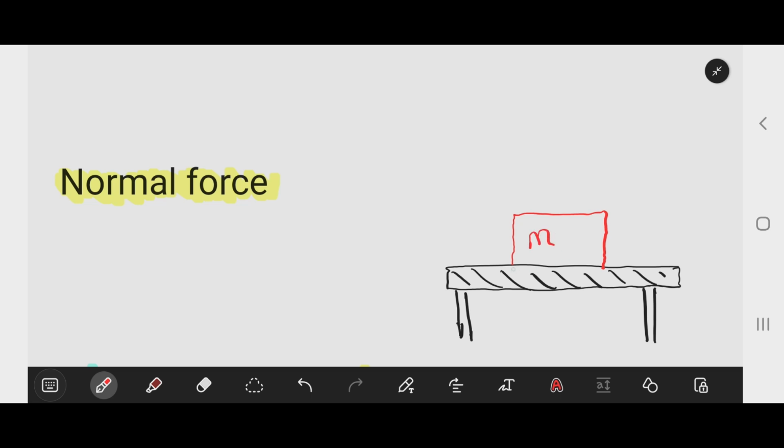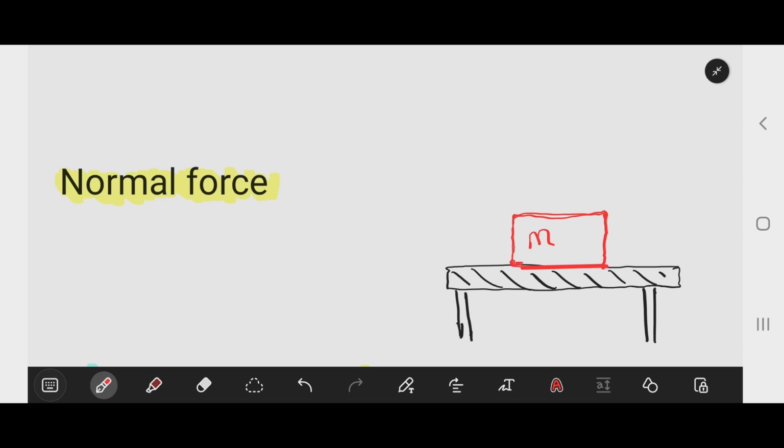The fact that the table is not breaking when you place this object on the table is because there is a reaction force that the table exerts on the object.